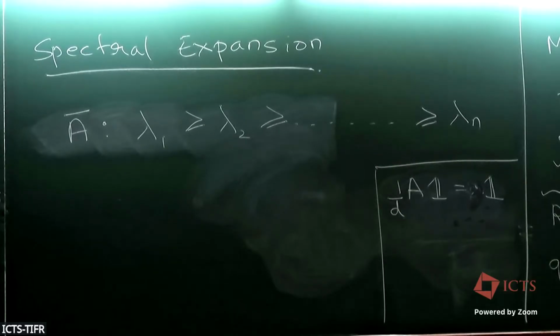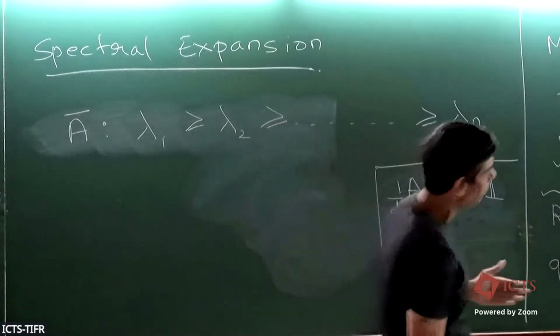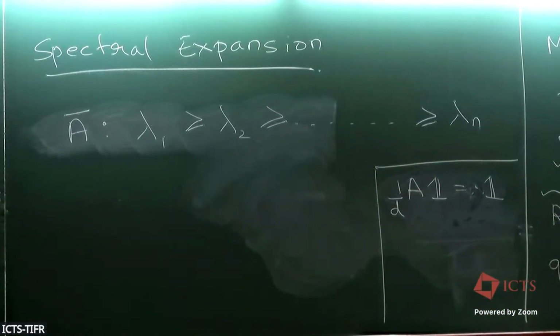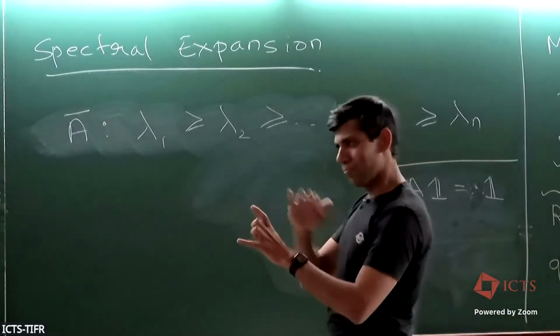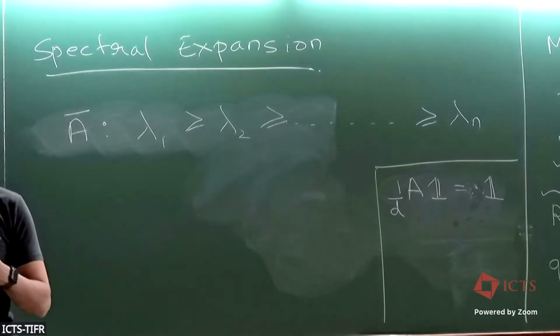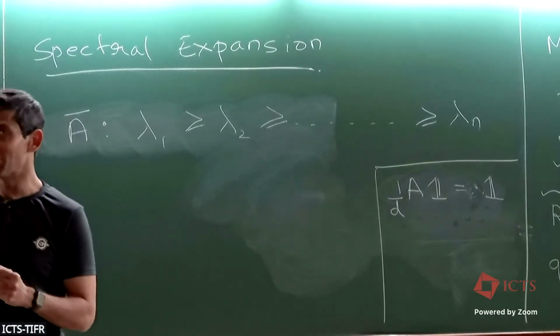All the eigenvalues lie between minus D and D for the adjacency matrix. Formally speaking, we need a proof of that. But for any matrix, you can bound the eigenvalues by the sum of the absolute values of entries in a row.